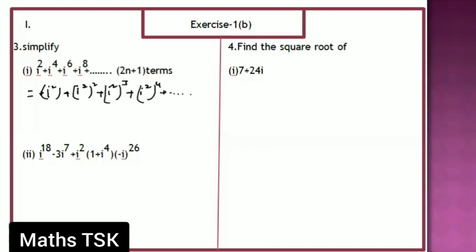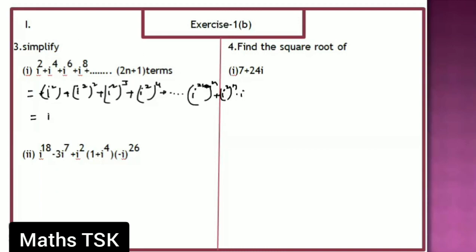And so on, i power 2n is i square whole to the power of n. And then the last term becomes i square whole to the power of n into i. Okay. Right. Totally 2n plus 1 terms are given.